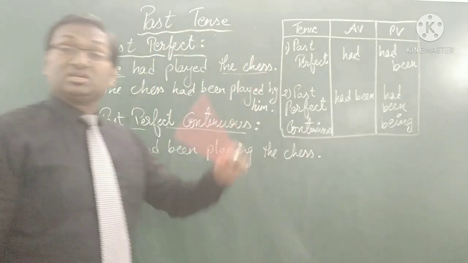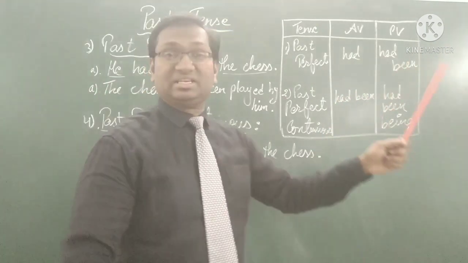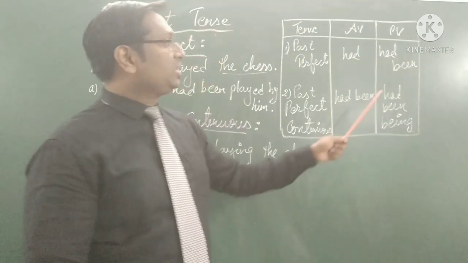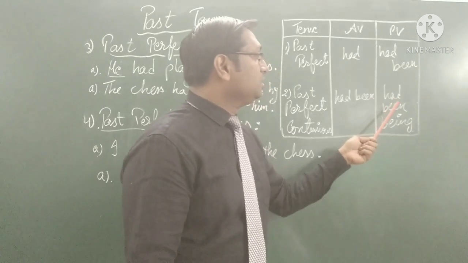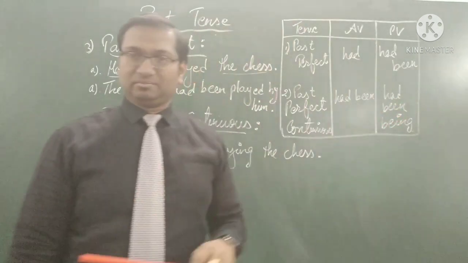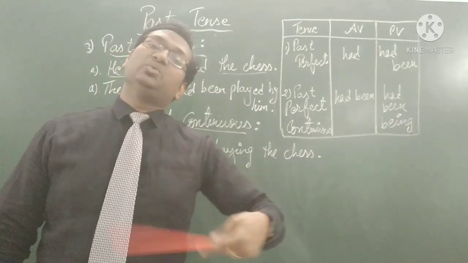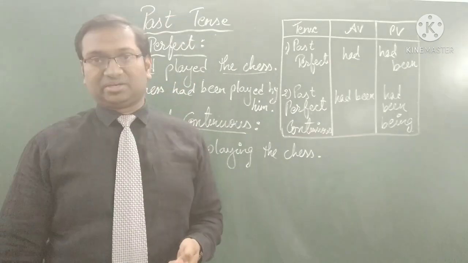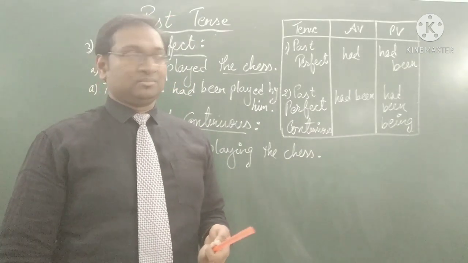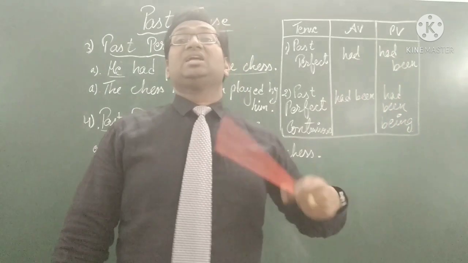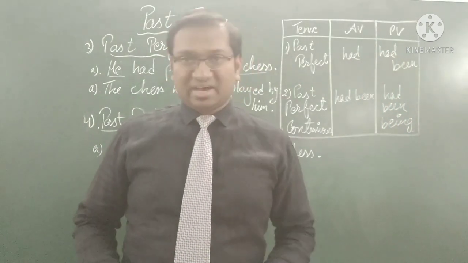Why? Because see in the chart, what's the reason why it is called rare? Because we are using had been being. Two auxiliary verbs are coming together in the sentence. Being. That is why it is rare.